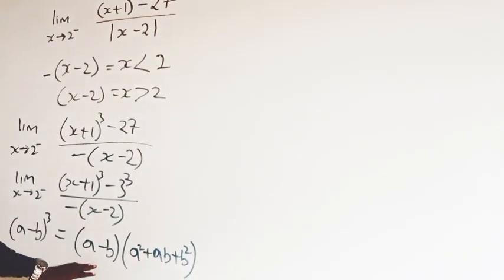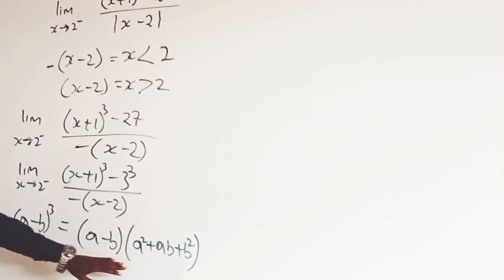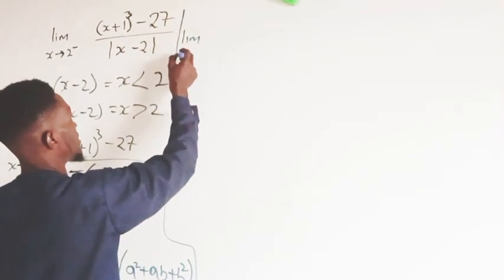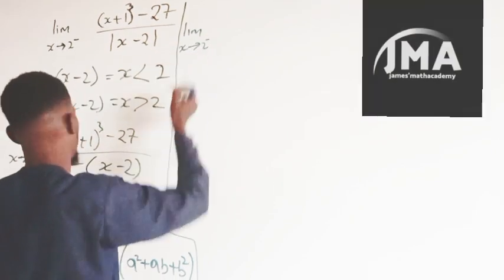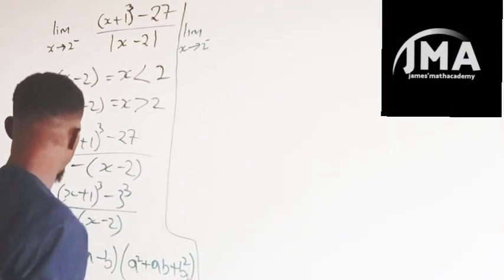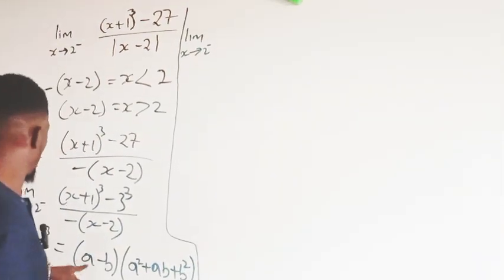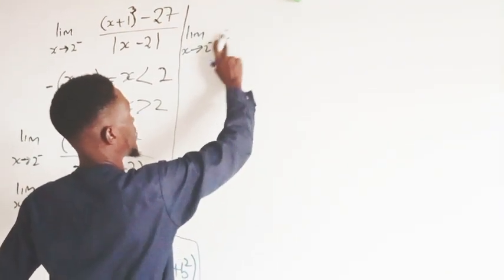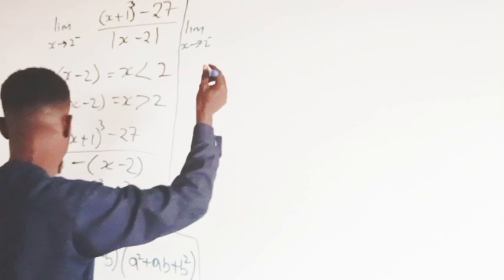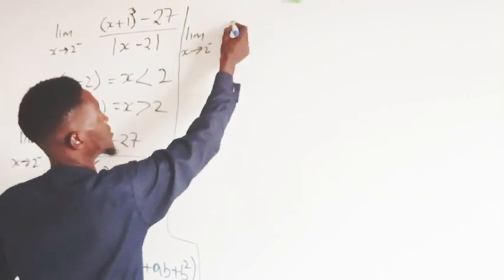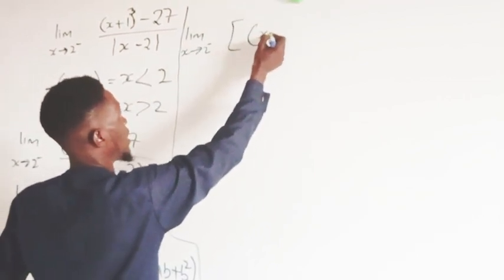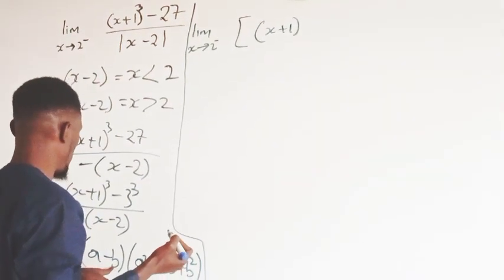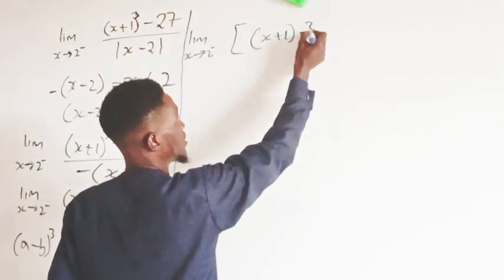So our numerator will mirror this identity, okay? So this limit, as x approaches minus 2, our a in this context is what? x plus 1, okay? So let me write x plus 1 minus b. Our b is 3, okay?